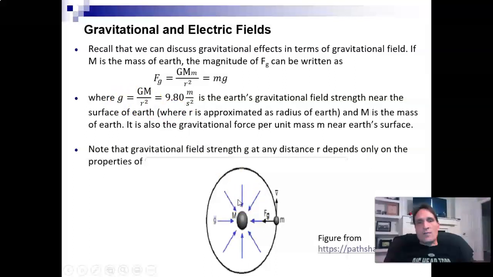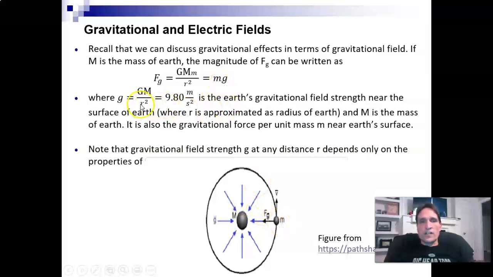And to calculate the gravitational force on a body of little mass m at any distance, suppose it's orbiting the Earth in some low orbit, all we need to do is find the gravitational strength little g at that location and multiply it by the mass. So if this is a gravitational field, where at each point is a vector representing the magnitude of the gravitational field strength and the direction pointing toward the center, then the force any mass m experiences is just m times g.